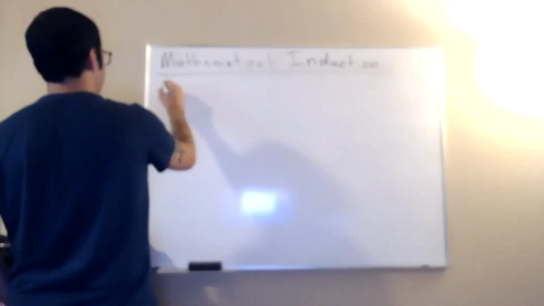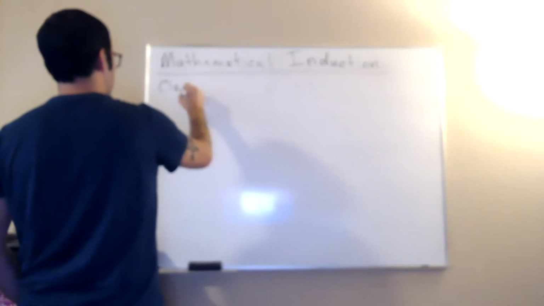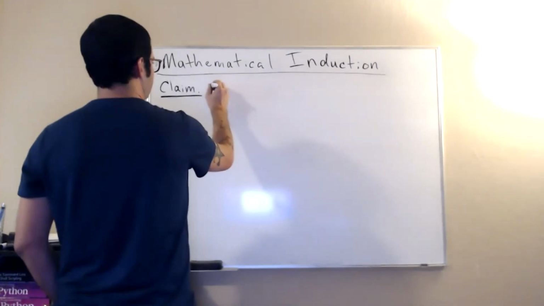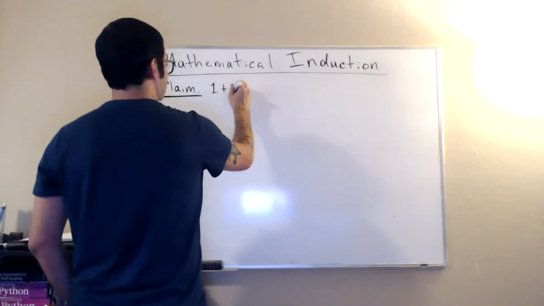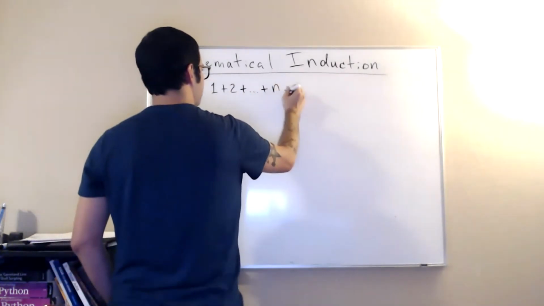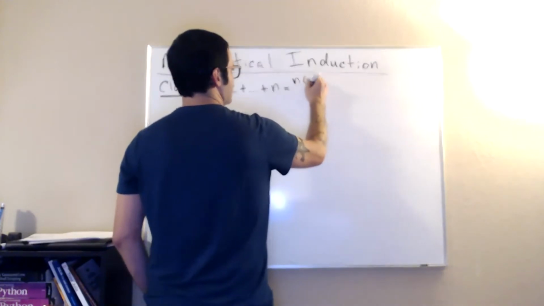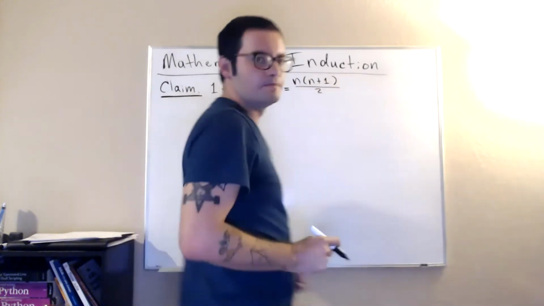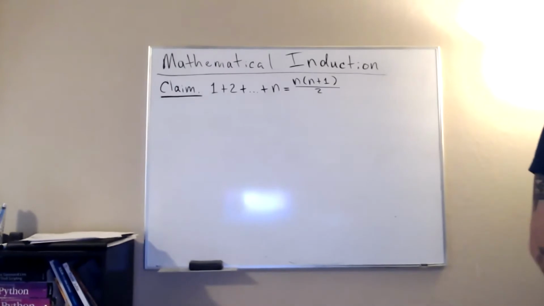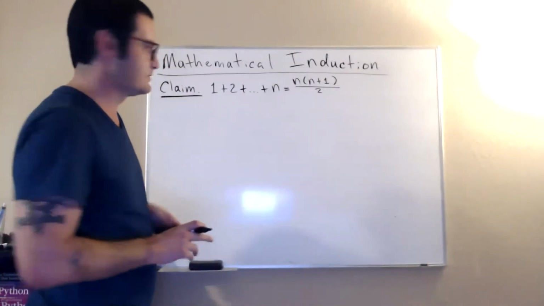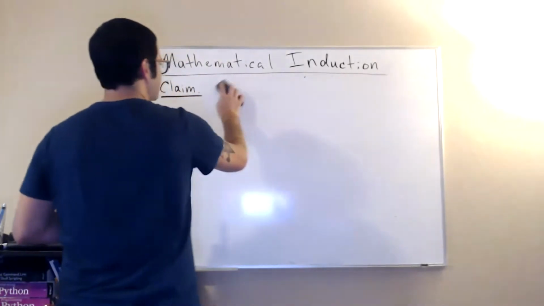Okay, so the claim: 1 plus 2 plus dot dot dot plus n is equal to n times n plus 1 over 2. I like writing this using summation notation, so I'm going to rewrite it that way.